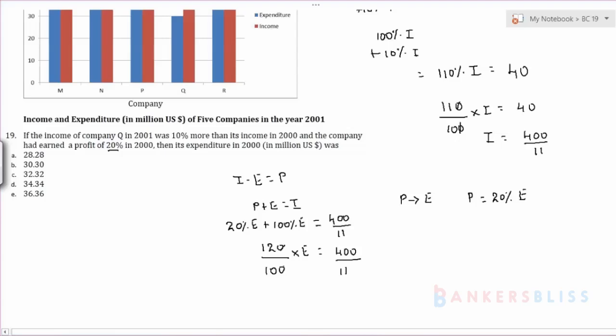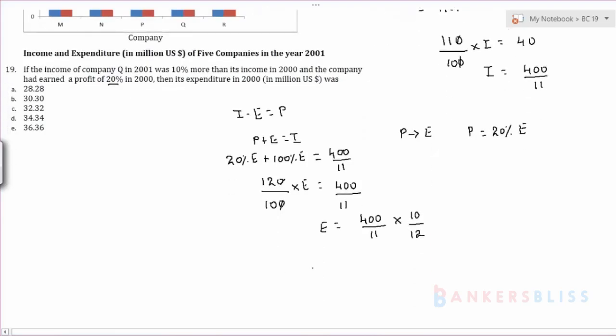The 10s cancel. So expenditure is 400 by 11 into 10 by 12. Now you calculate: 4 3s are 12, 4 1s are 4.